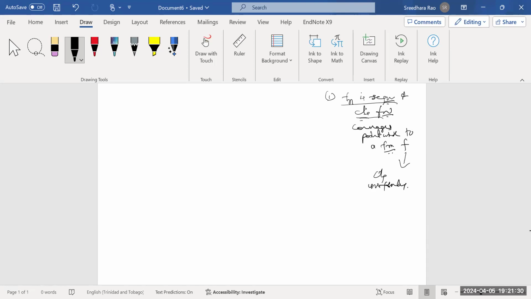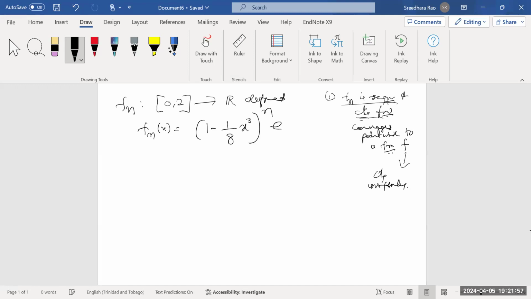So first we will see the tutorial sheet number 1 problem. The given function Fn from the closed interval 0, 2 to R is defined by Fn of x is equal to (1 minus 1 over 8 times x cube) to the power of n times e to the power of 2x for all x belonging to [0, 2].